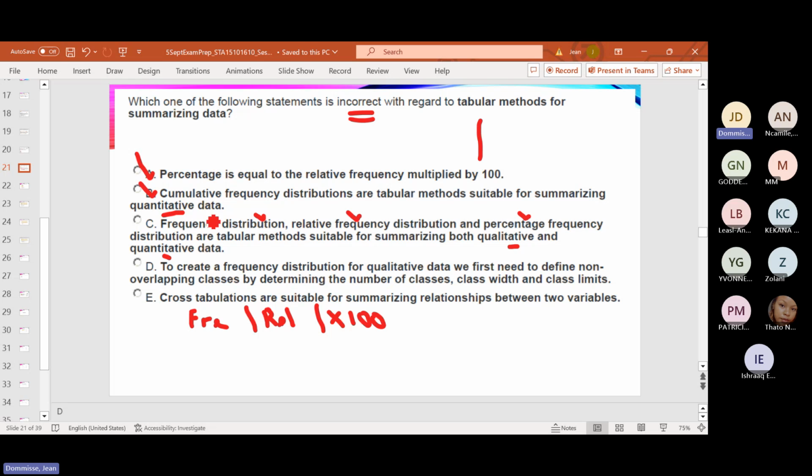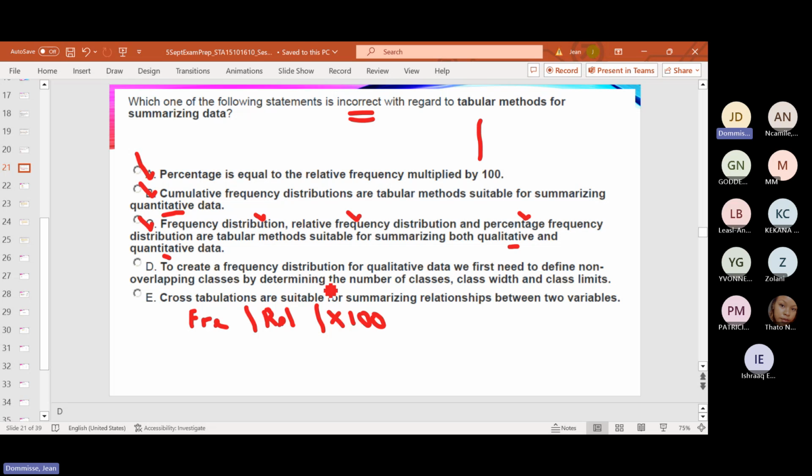So that can be done on the qualitative side, and it will definitely be available on the quantitative. Quantitative, you can even do more, but for qualitative, those are the three measures you can do.